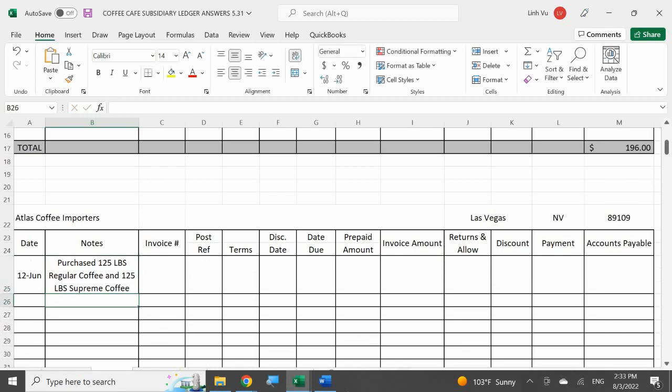Again, do you need to have the unit price on here? It's up to your discretion. Invoice number 315. And we know this is General Journal page 4. Did we have terms? Yes, we did. If we pay within 15 days, we can receive a 1% discount.